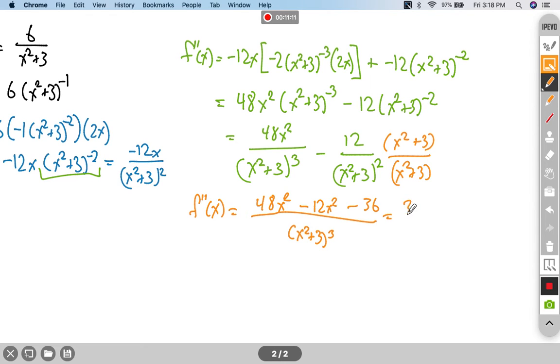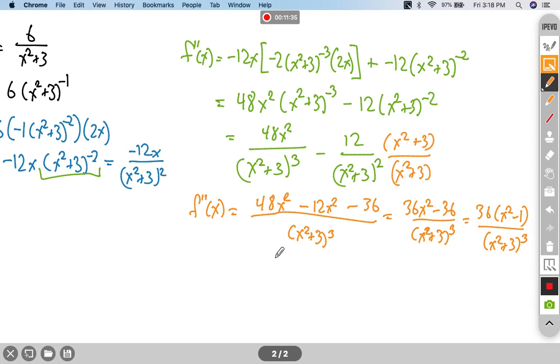Which is 36x squared minus 36 over (x squared plus 3) cubed, or 36 times (x squared minus 1) over (x squared plus 3) to the third power.